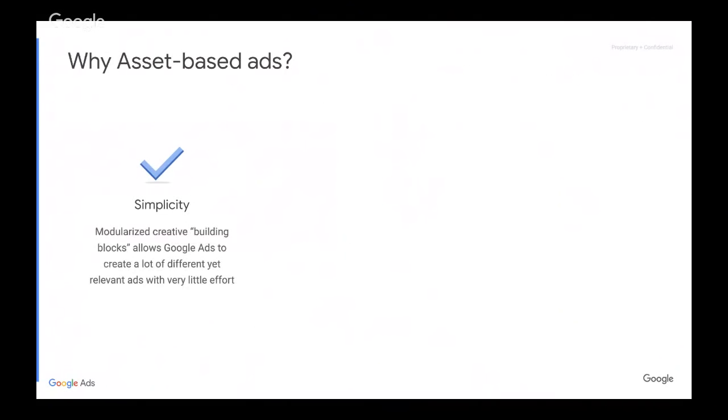Then why should you actually use asset-based ads? Well, that's a good question. First and foremost, it's the simplicity. So it's really easy to set it up. You can use our interface to actually scan for images. So you can look at your own LinkedIn profile, your Facebook, Instagram page, and actually take all of these creative assets for your advertisement.